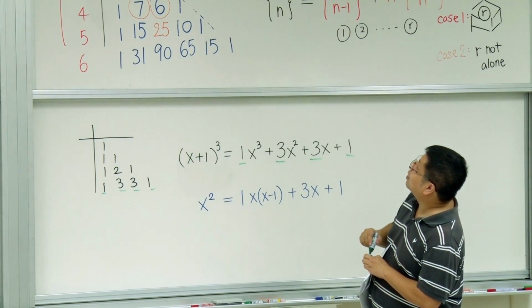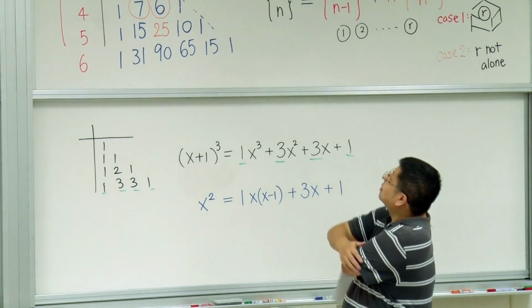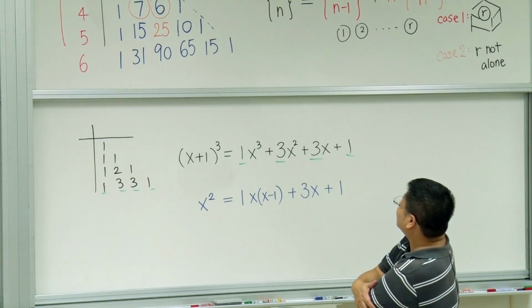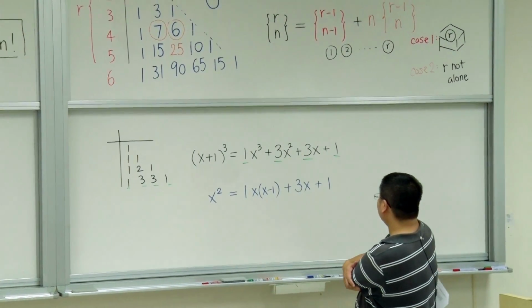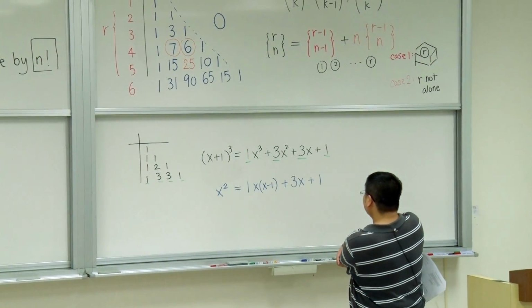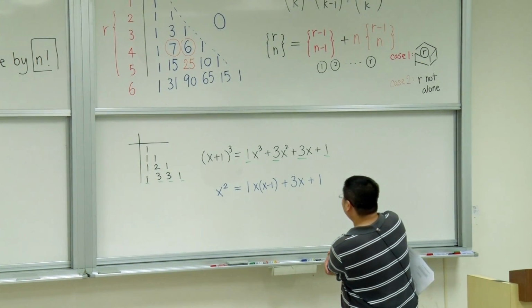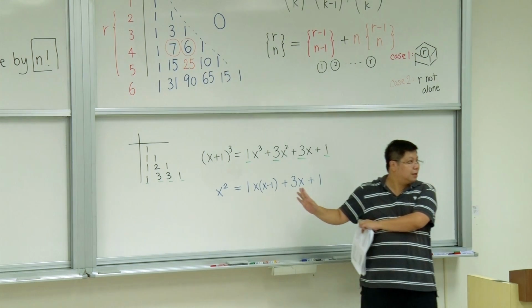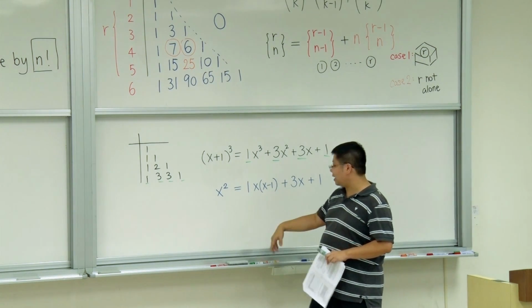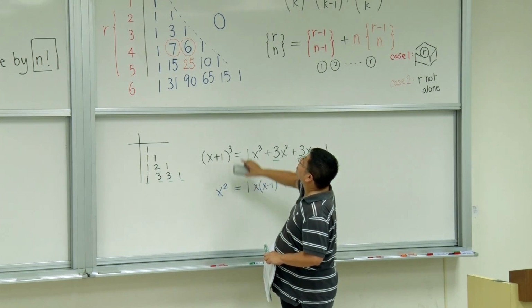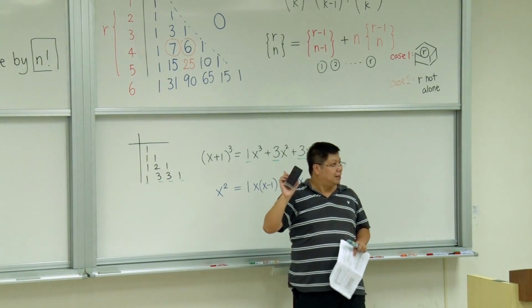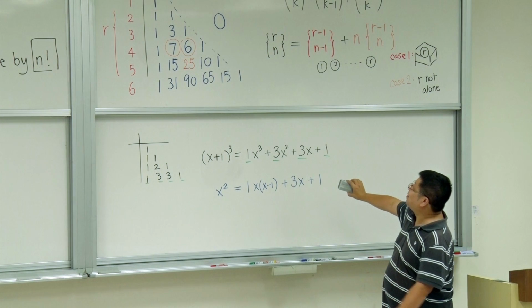Let me see. 1, 3, 3. Did I make a mistake? 1, 1, x minus 1. So x squared. No, this is not correct, right? 1, 7, 6, 1. Oh, so I made a mistake here.